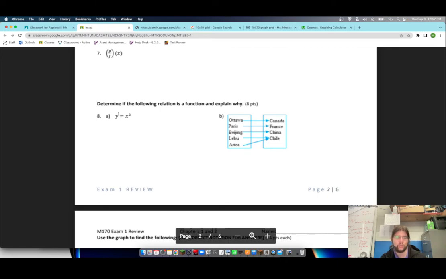Or if this was y squared equals 9, then you'd say both 3 and negative 3. You'd give the ordered pairs that contradict it, because it would be like (9, 3) and (9, negative 3), and that'd be two different ones.